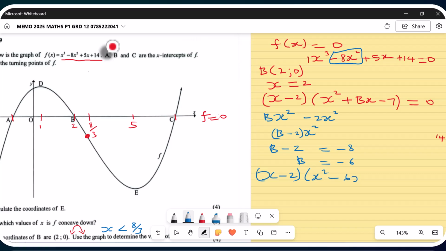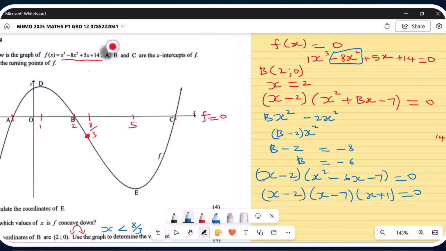So from here I can see that in this particular case, I have x equals 2, that is a 2 here at b, and then x equals negative 1, so the negative 1 at a, and x equals 7, so this is 7 at c here. These are the intercepts which I have here. Hope you won't get confused.